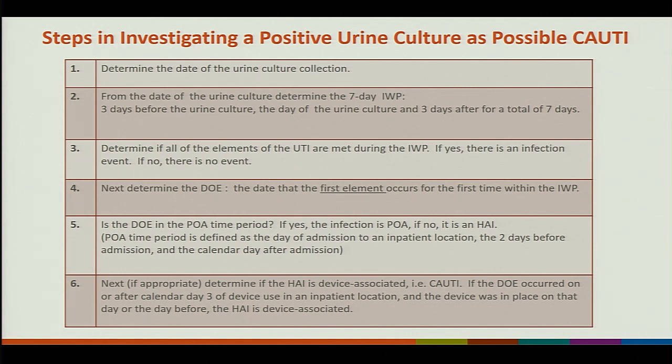Determine if all the elements are within the IWP. Determine when the DOE is, if the date of the first element occurs the first time in the IWP. If the DOE is in the POA time period, if yes, then it's POA. If it is on the third day or later, sorry, if no, it's an HAI.